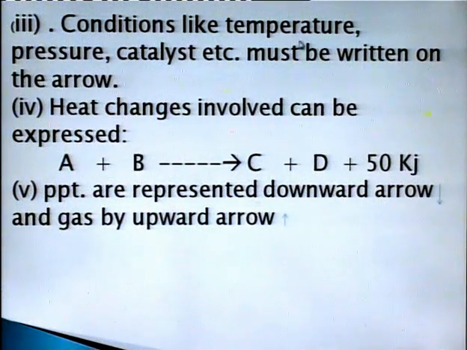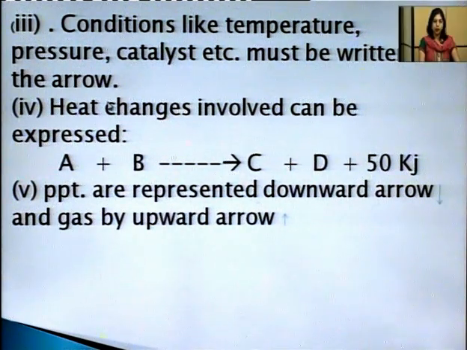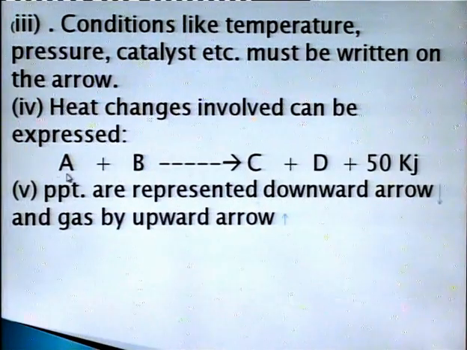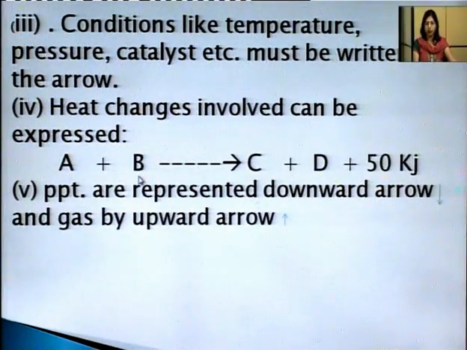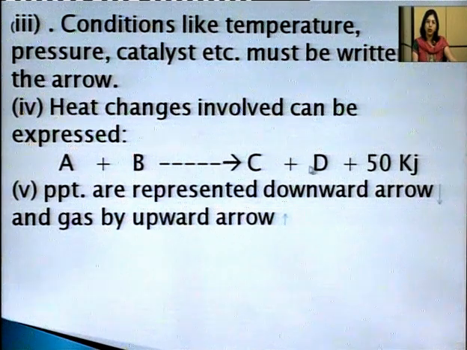Conditions like temperature, pressure, catalyst must be written on the arrow. Similarly, if there are heat changes involved, they can also be expressed during a reaction. Here I am taking a general reaction, that is A reacting with B to give C and D. In this reaction, 50 kilojoules of heat is being evolved, so it can be written on this side.